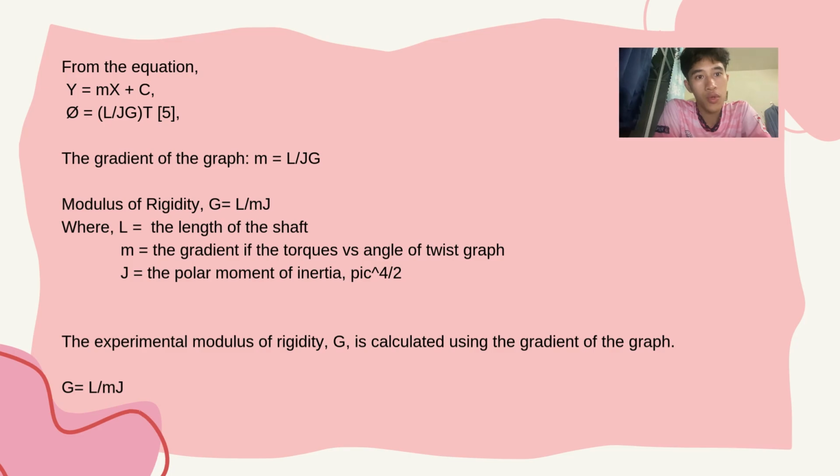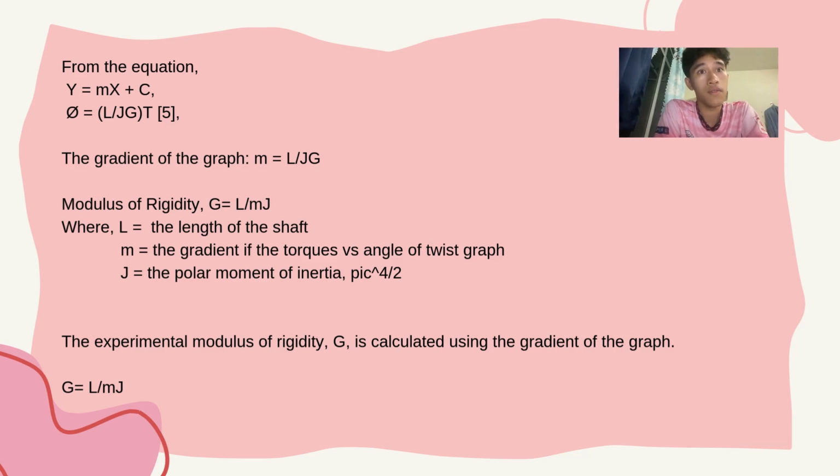So from the equation, we can see that y equals mx plus c as usual, and then the angle of twist is equal to the length of the shaft over the polar moment of inertia times the modulus of rigidity, and then bracket times the torque that was applied on the shaft.